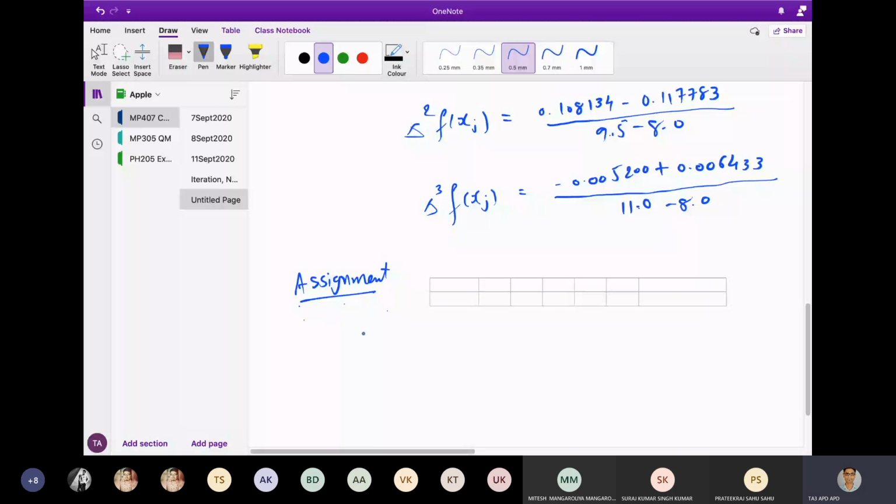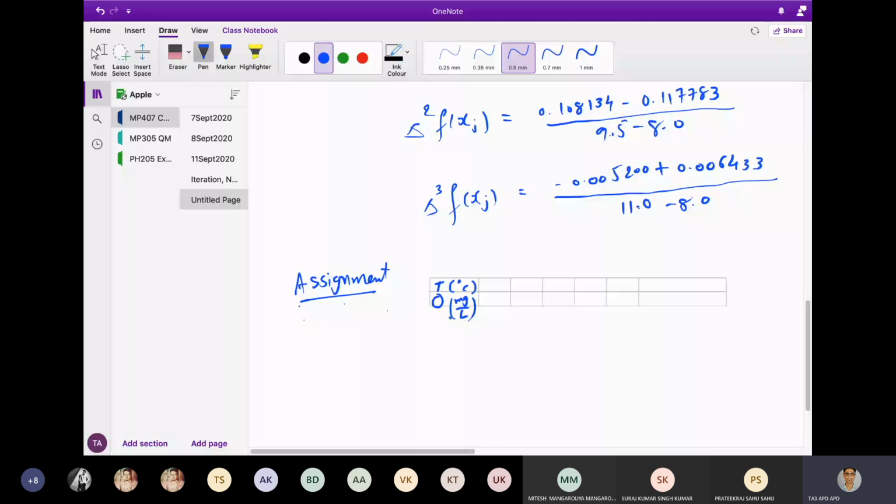Over here you have T, temperature, which is in degrees Celsius, and here you have oxygen concentration, which is milligram per liter.